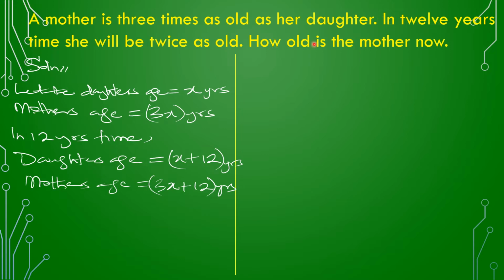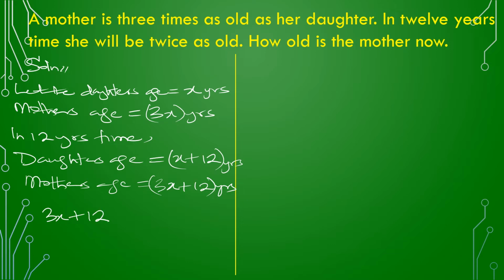It says in 12 years time she will be twice as old. Means in 12 years time the mother will be twice as old as the daughter. Now it says how old is the mother now? So in 12 years time the mother will be twice as old as the daughter. Means in 12 years time the mother's age is already 3x plus 12.